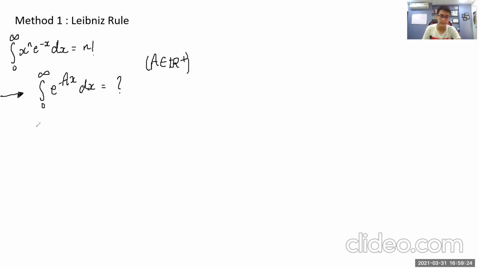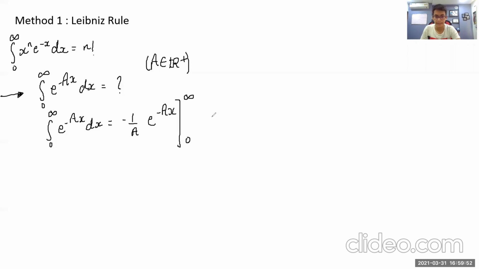So now this thing is a very basic standard integral, and the antiderivative of e to the minus ax is just going to be minus 1 over a times e to the minus ax. You can just check that by differentiating this to obtain that, and we evaluate this from 0 to infinity.